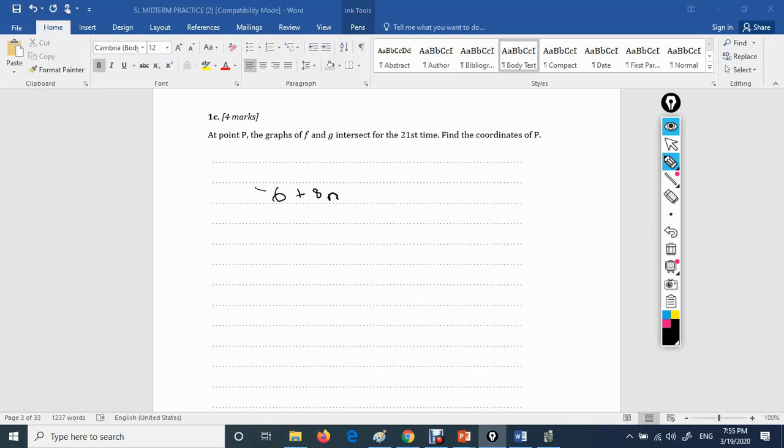So that means that n, in this case, will equal 20. So let's plug that in here. And that would be the 20th term of the sequence, for n equals 20. So that would be minus 6 plus 8 times 20, and that will give us 154.